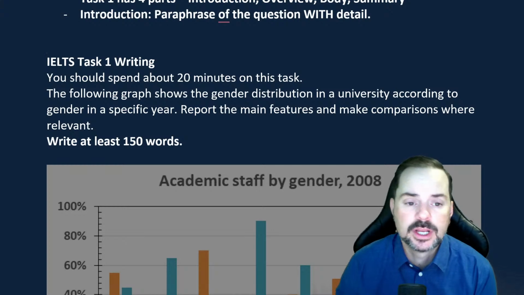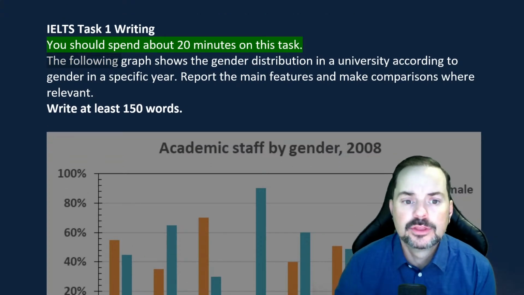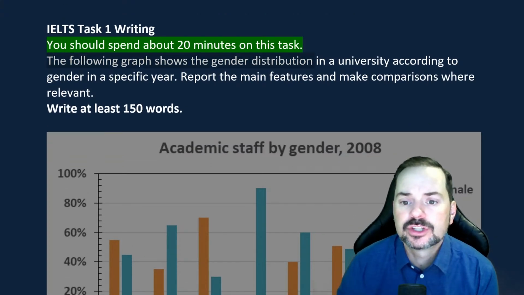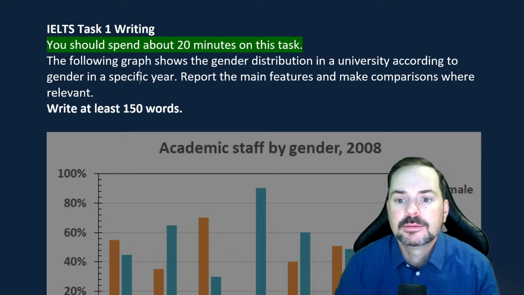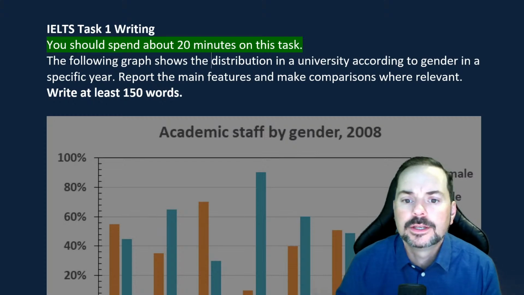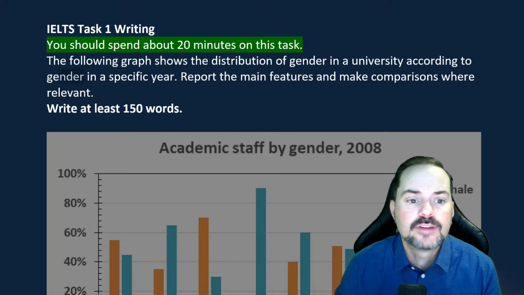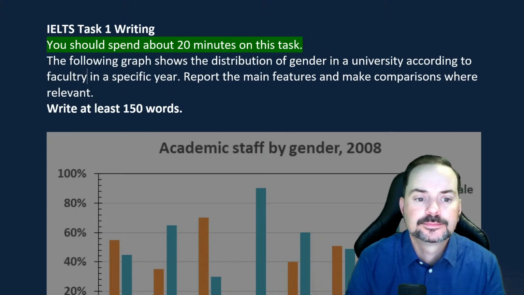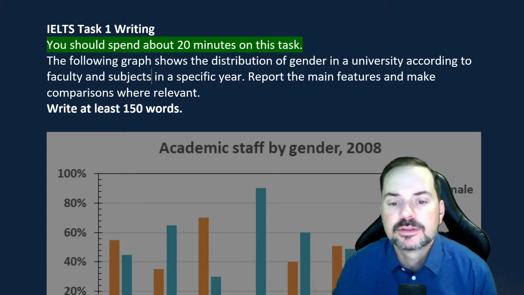IELTS Task 1 Writing. You should spend about 20 minutes on this task. The following graph shows the distribution of gender in a university according to faculty and subjects in a specific year.